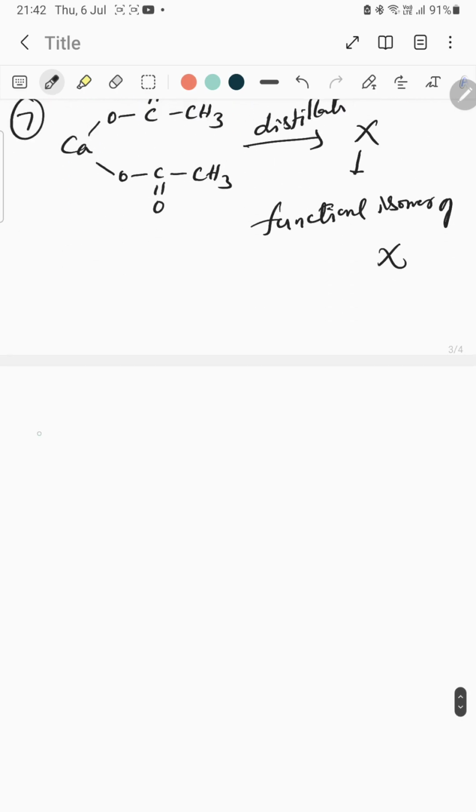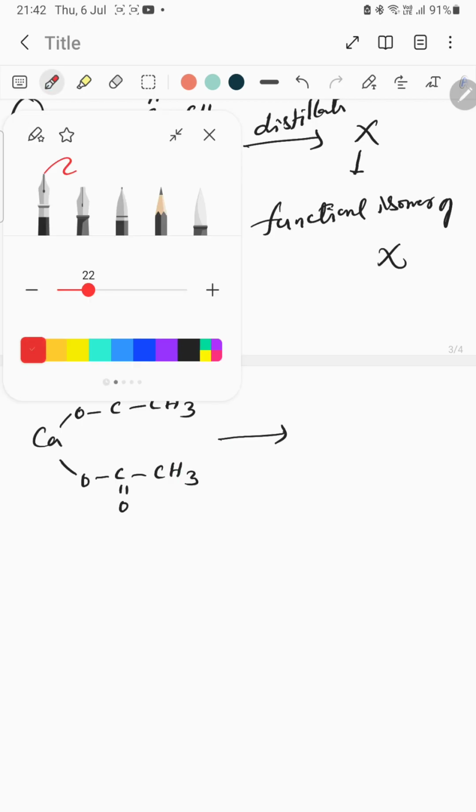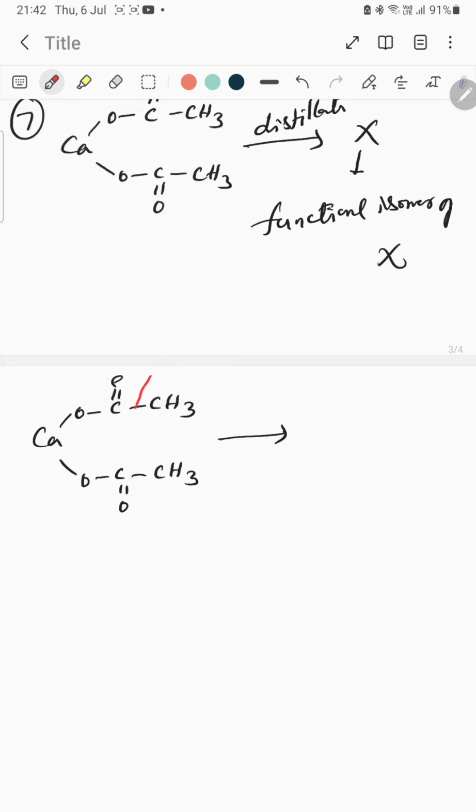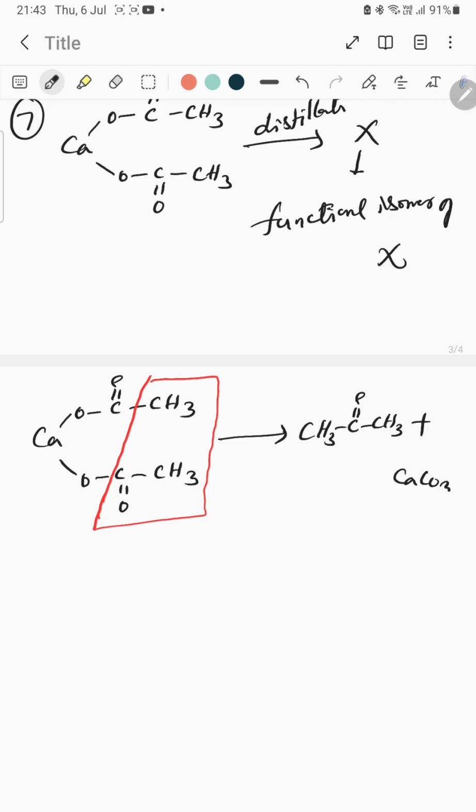Take the calcium acetate, CaO, C double bond O, CH3, C double bond O, CH3. This is the calcium acetate. Upon distillation we get X. Once observe this box. CH3 C double bond O CH3 comes out, and the remaining one is CaCO3. This is the X.